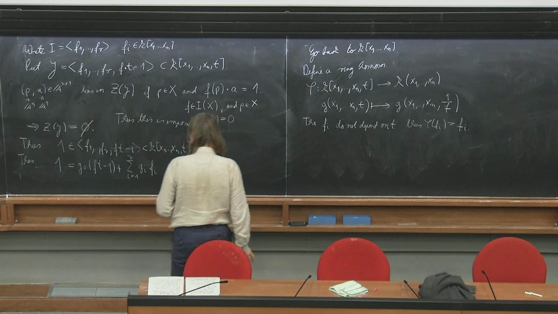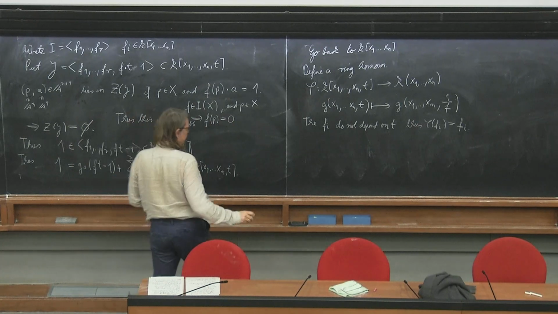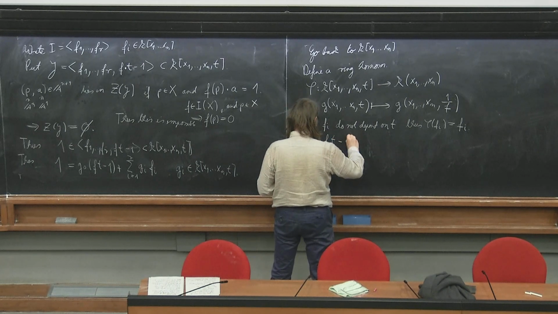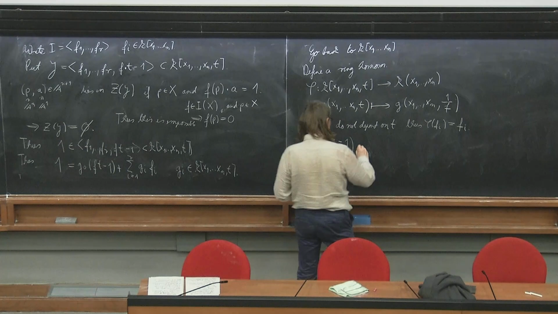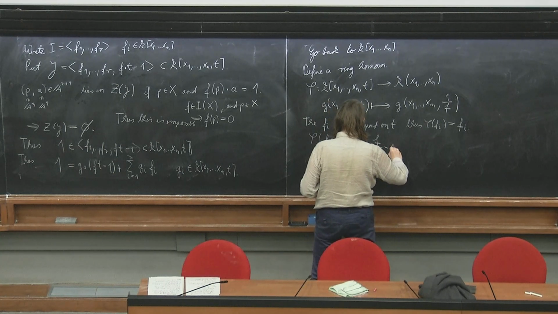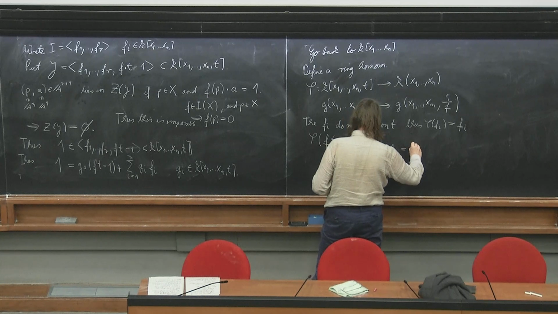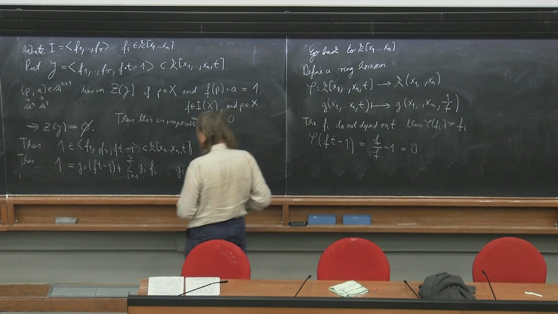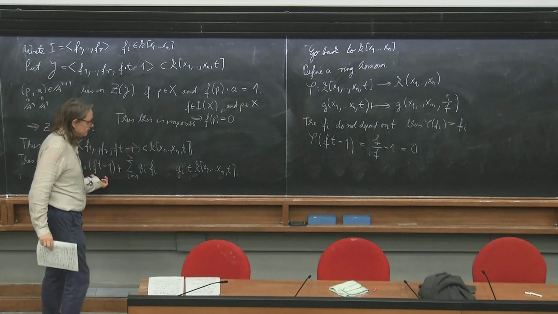What happens to this Ft minus 1? If I take phi of (Ft minus 1), this is f divided by f minus 1, which is equal to 0. So this particular thing is sent to 0.